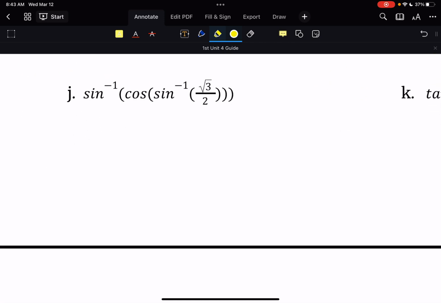Okay. Now, when you have a composite function with 3, it's the exact same thing. You're just going to be doing it all 3 times. So I'm going to start with the inverse sine of radical 3 over 2. So in quadrants 1 and 4, where do I get a y of radical 3 over 2? It is at pi over 3. So I now have the inverse sine of the cosine of pi over 3.